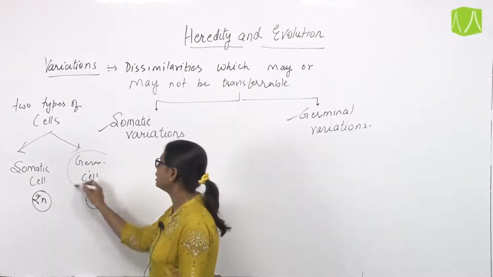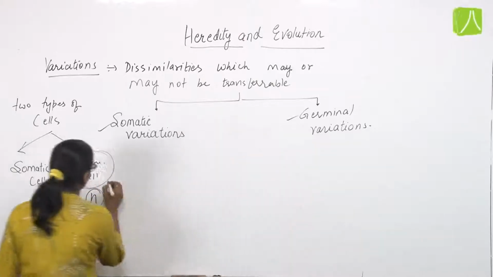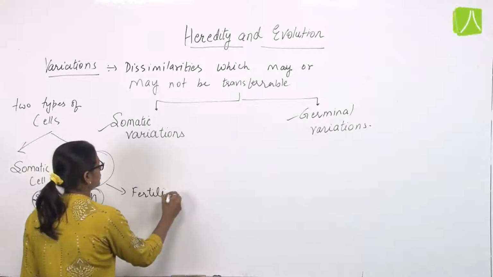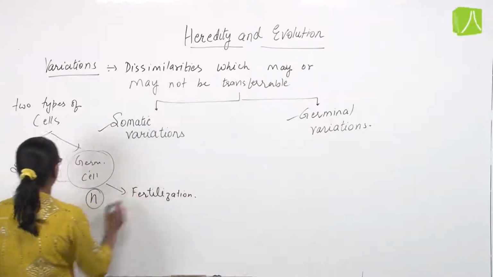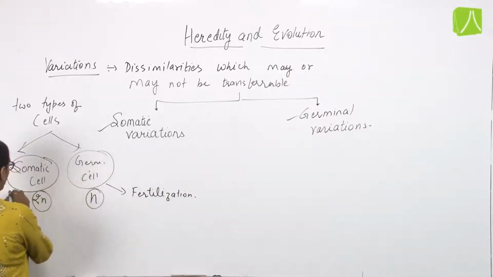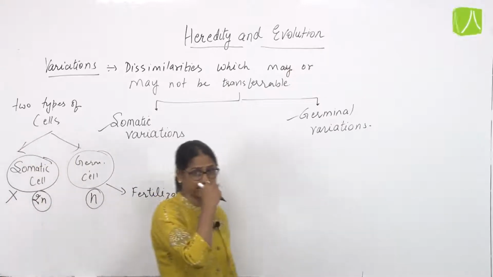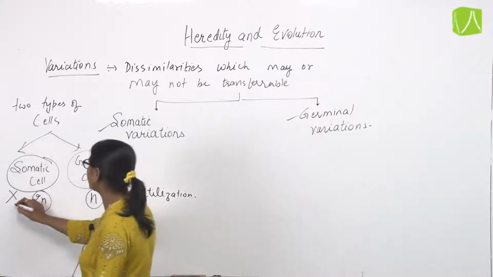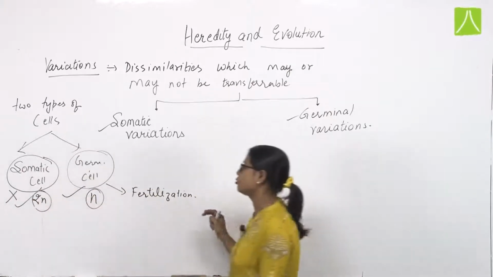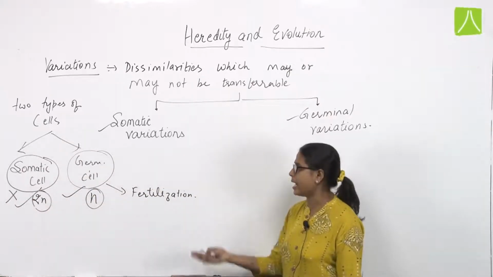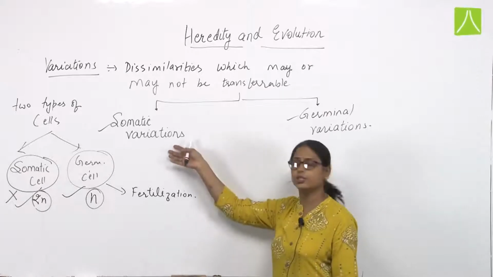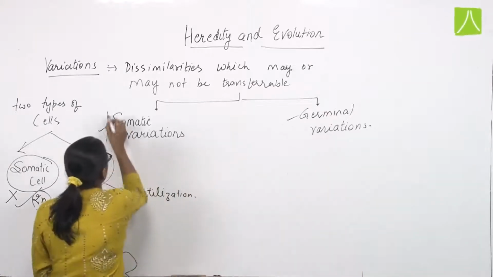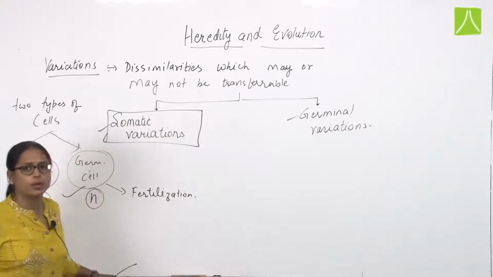That means the germ cells are involved in the process of fertilization, while the somatic cells are not involved in fertilization, but they are involved in the process of growth and development. Now the somatic cells and the germ cells, these two types of cells, decide whether the variations are transferable or not. Now these somatic variations are non-transferable.